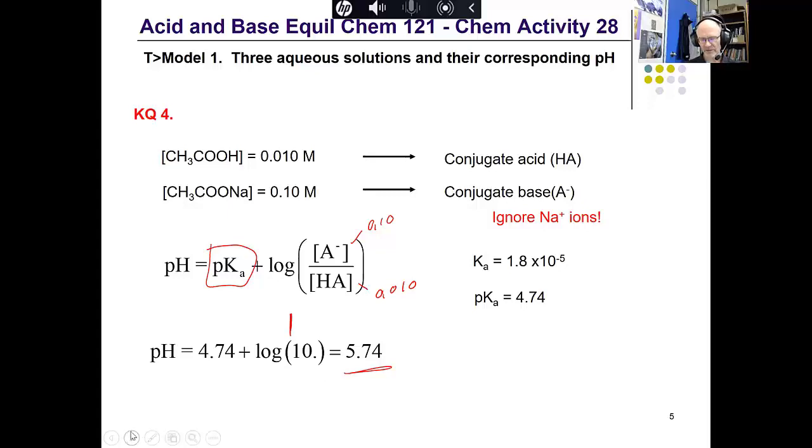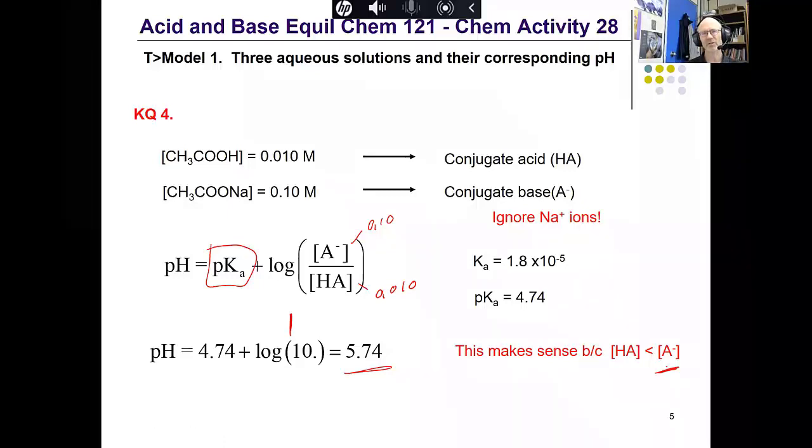And we'll add this next comment then. This makes sense because the A negative, the conjugate base's concentration, is greater than the conjugate acid's concentration. That, in a sense, the anchor point is when the two concentrations are the same, because then the pH equals the pKa. And then you branch off a little bit on one side and then to the other side.